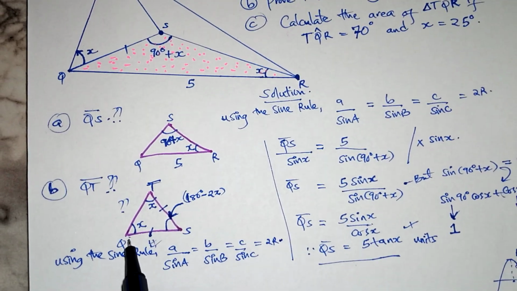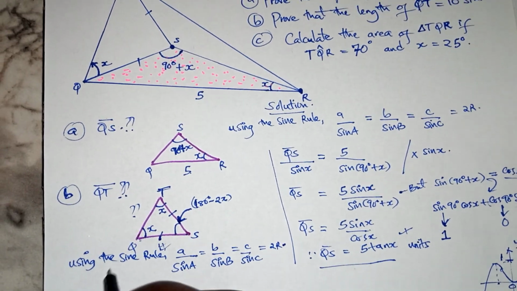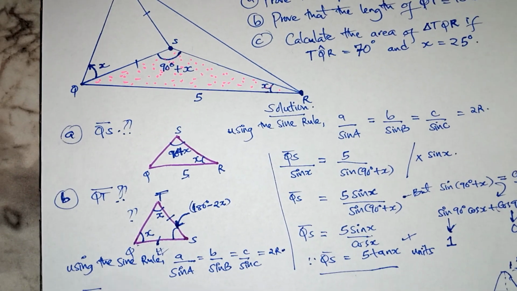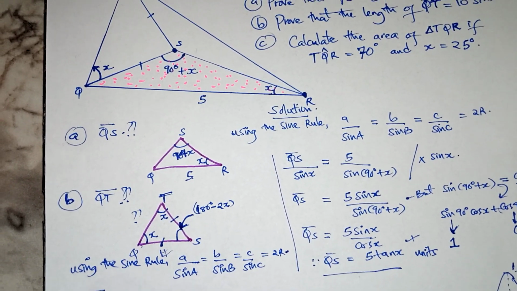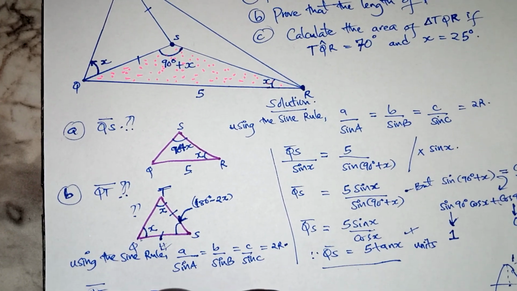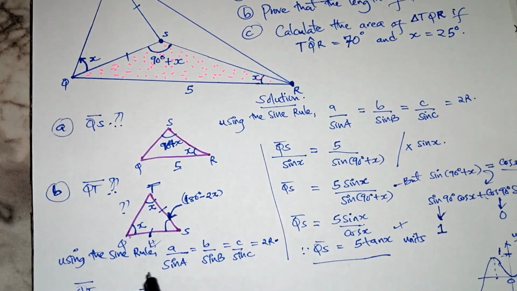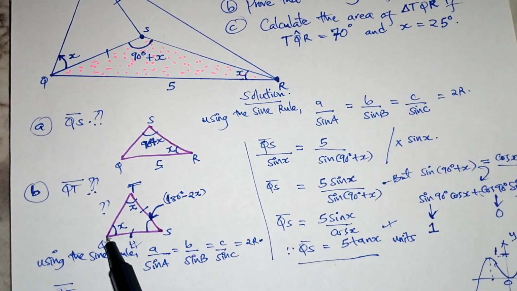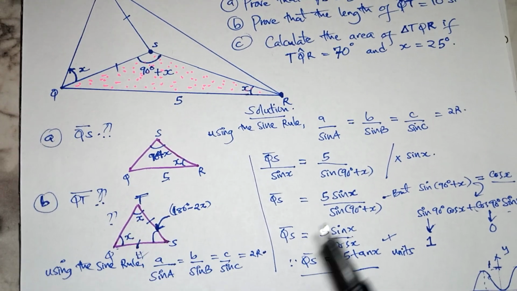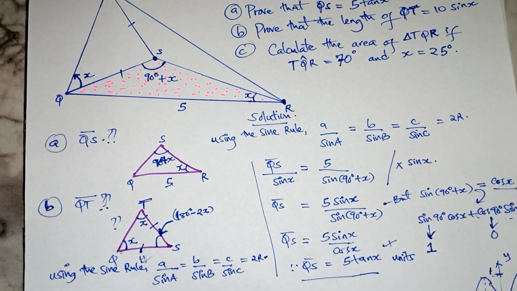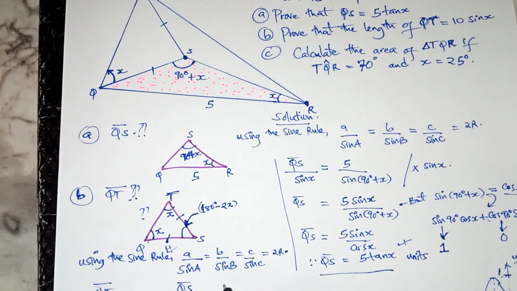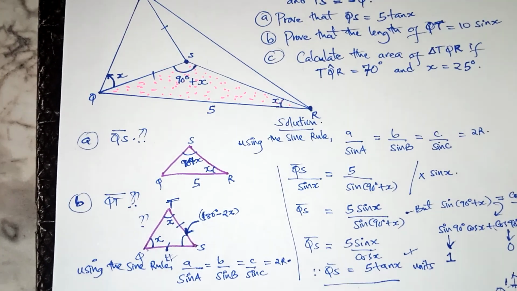Okay, so QT, that length out of sine of this opposite angle, is equal to, let us use QS, because we have this one, QS out of sine x. Therefore we cross multiply right away, don't even waste time.